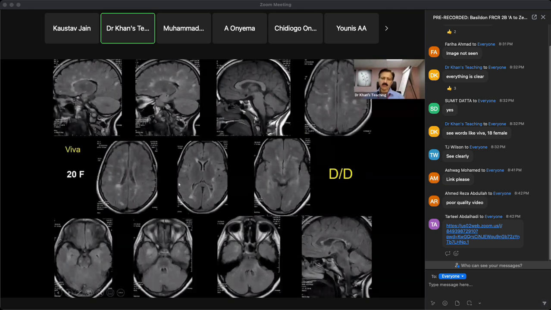Now, Dawson fingers, if you look carefully, look at this one, look at this one, look at this one. These plaques are oriented perpendicular to the corpus callosum. They are also beautifully seen on parasagittal sequences. So that is why, protocol-wise, in a patient of MS, we must do a sagittal flare sequence.